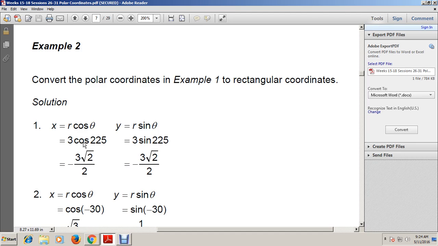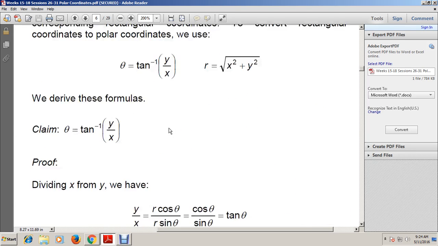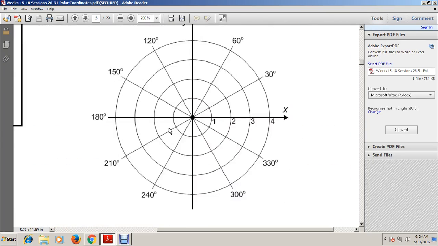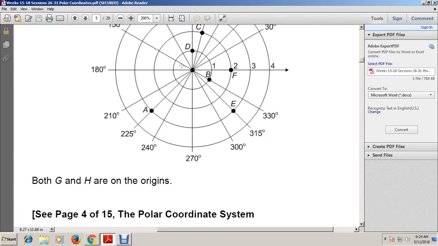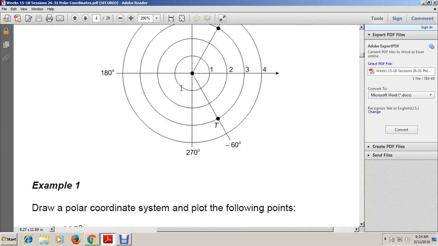You could try computing using your calculators for cosine 225, or you could look at your trigonometry notes so that you can express the value for cosine 225 in its exact form. Notice that the angle 225 is a multiple of 45.